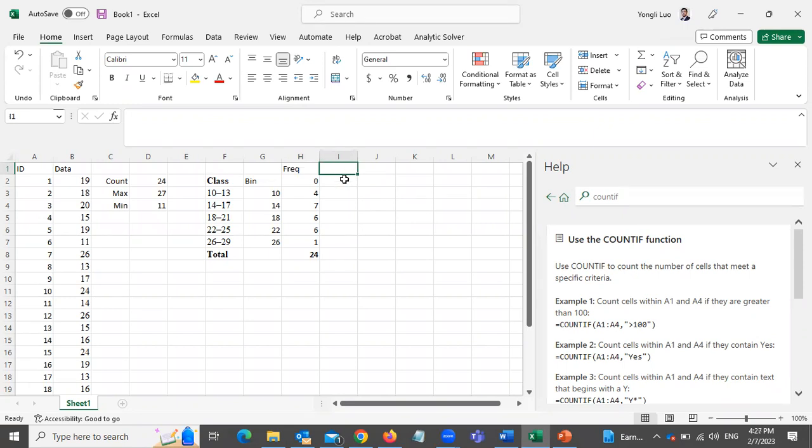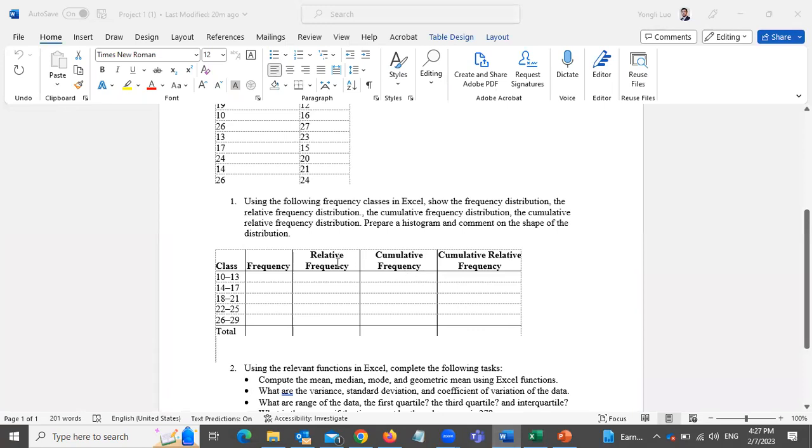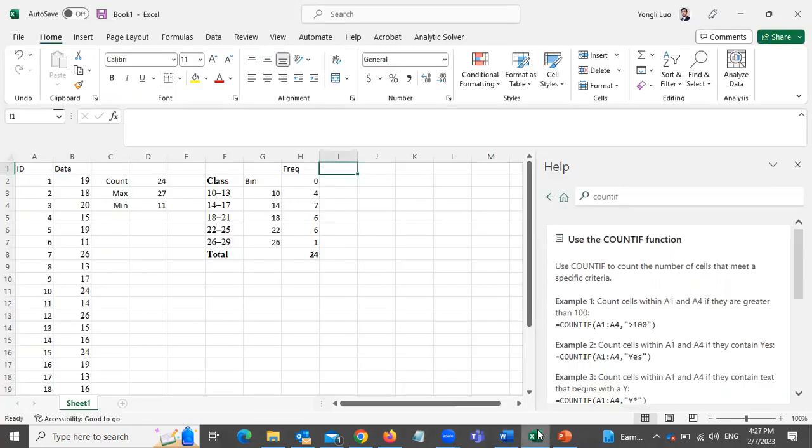Also, you're going to calculate relative frequency, cumulative frequency, and cumulative relative frequency. Do you know how to get the relative frequency?